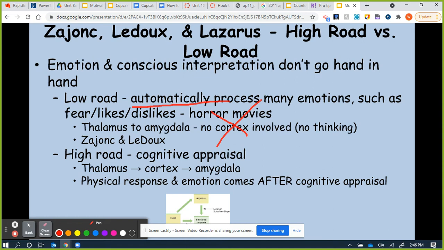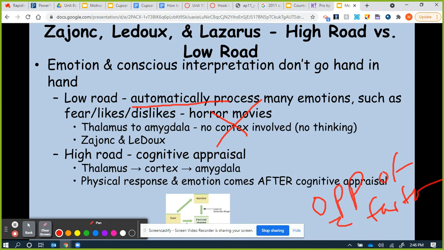The high road, what is called the cognitive appraisal theory, is basically the opposite of two-factor, where we have the physiological change and then the cognitive label. This one says that the physiological response and the emotion come after the cognitive appraisal that we do with situations.